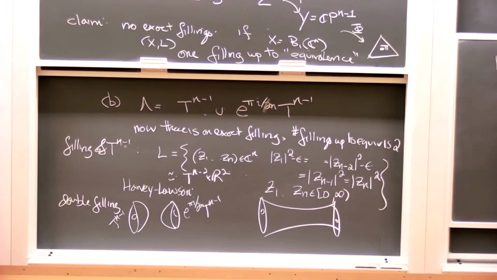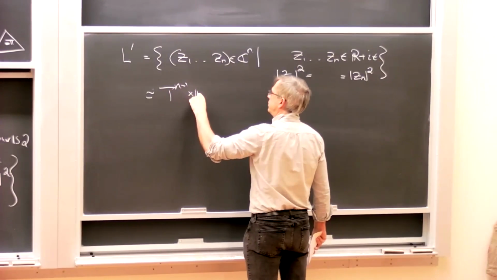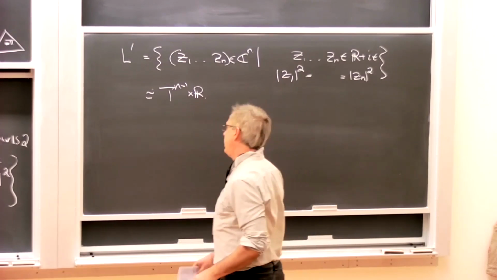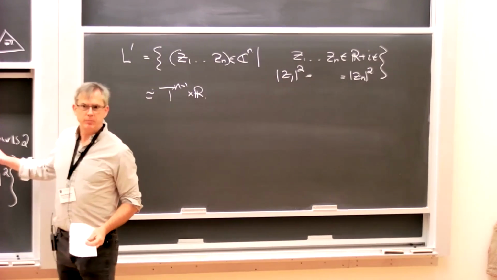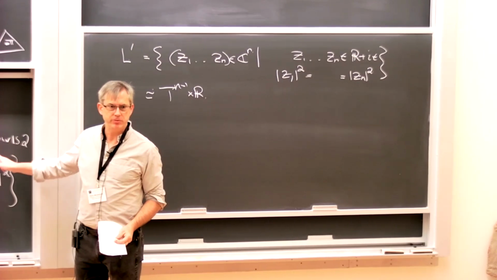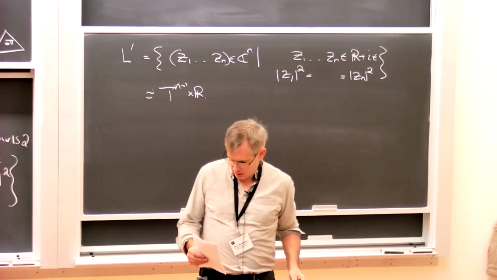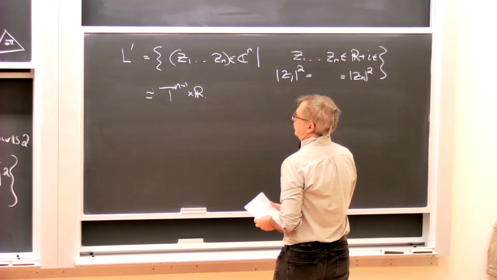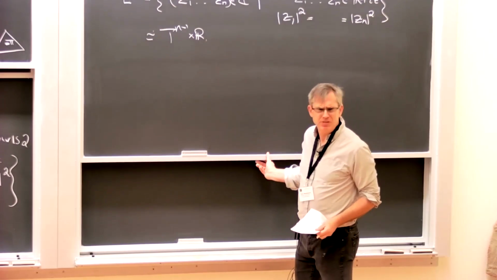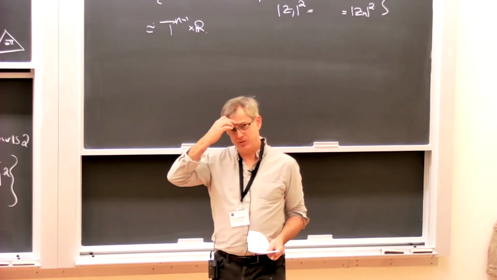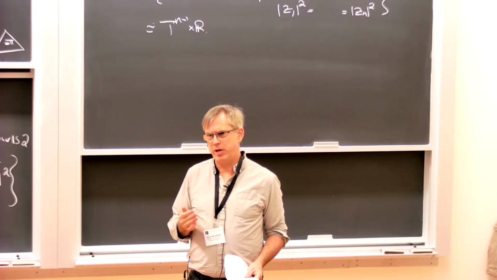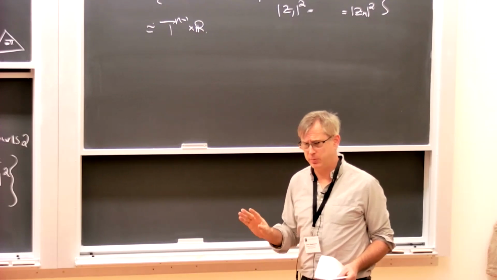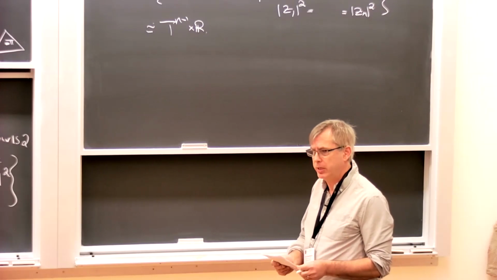This filling is a Tn minus 1 times R. And the claim is that, up to some kind of equivalence, these are the only two fillings of that disconnected Lagrangian. Okay. I'm not really sure what happens if you allow other ambient symplectic manifolds. The results we have some technical restrictions on the type of filling. So even in these simple examples, I don't really feel I understand the whole answer.